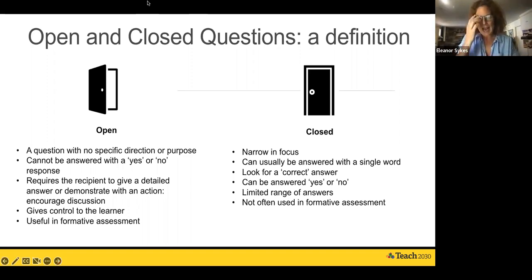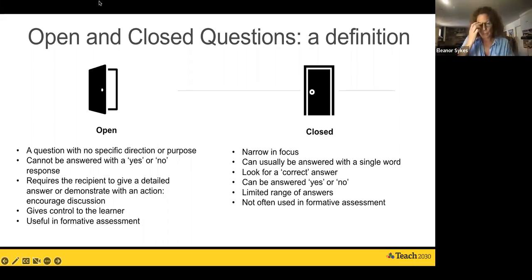In other words, as the questioner, you don't necessarily know exactly what the recipient of your question is going to say. It can't be answered with a yes or a no. If they say yes or no, it doesn't fully answer what you've actually asked them.